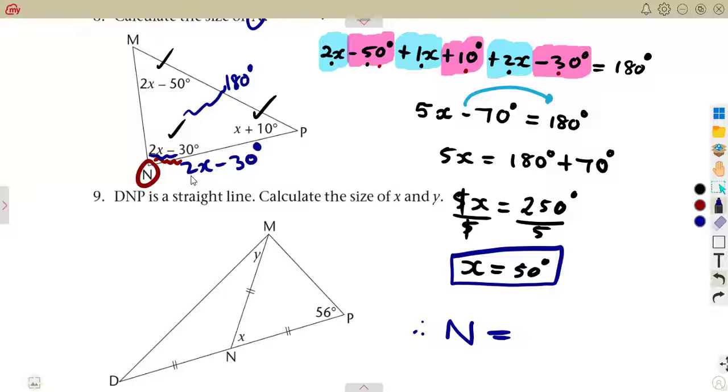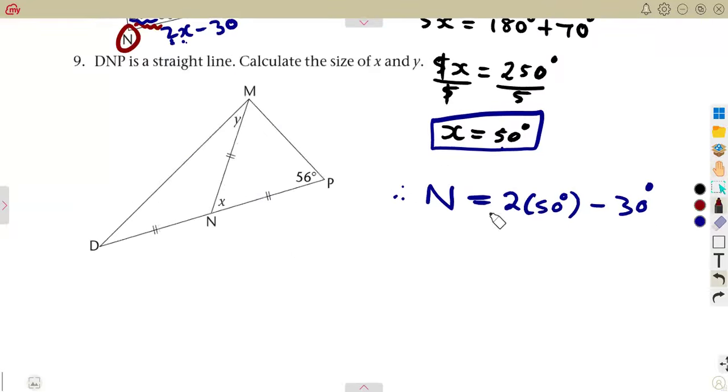Remember 2x, 2 times the value of x that you calculated, which is 50 degrees. Whatever you get there, you must subtract 30 degrees. So 2 times 50 is 100 degrees. Then you subtract 30 degrees, 100 minus 30, which is 70 degrees. So therefore, our angle n was going to be 70 degrees.